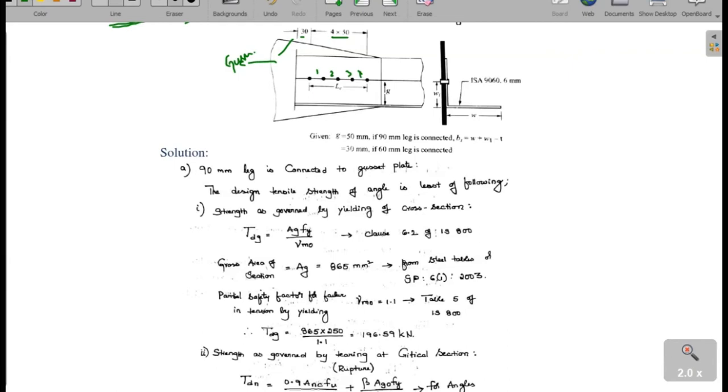So the center to center distance of each and every hole is 50. So you can say that the pitch P is 50. Why do we need these values? We need these values to find out the value of Lc, which we are going to see in our calculations. So this is case 1.